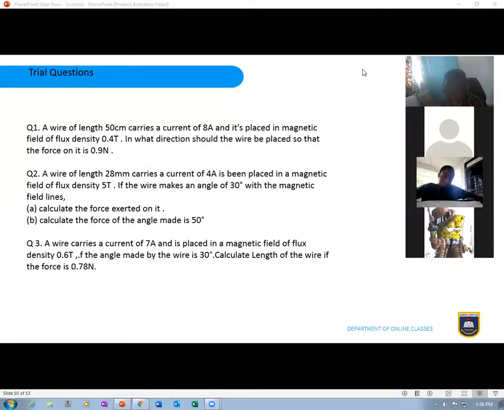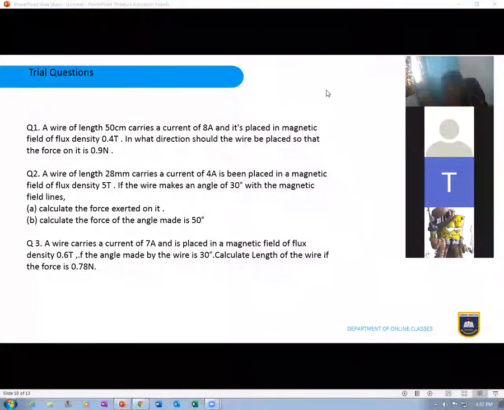Okay. Now let me hear your answers. Theophilus, number 1. Say. The answer for question 1 is north 34 east. That's the angle, 34 degrees northeast.